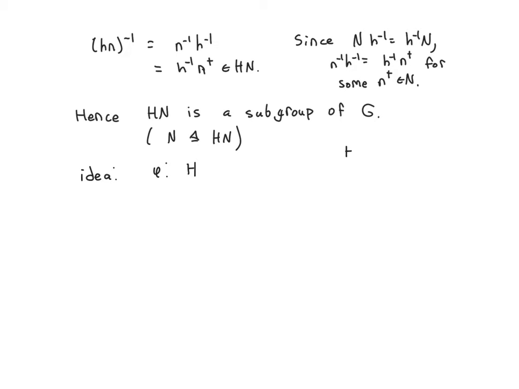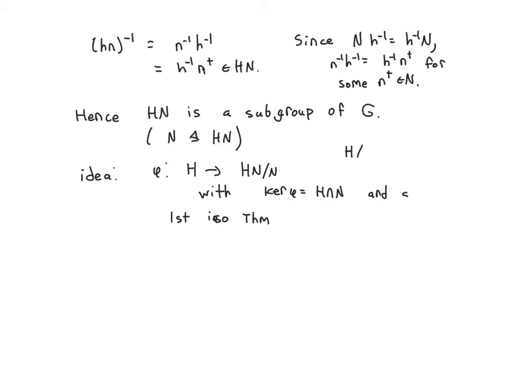And so what I'm going to do is construct a homomorphism from H to HN mod N with the kernel of phi being equal to H intersect N, and surjective.